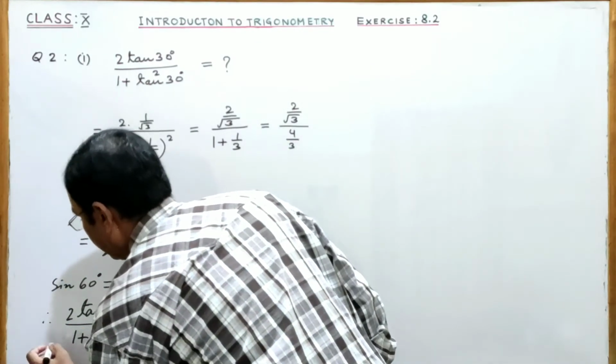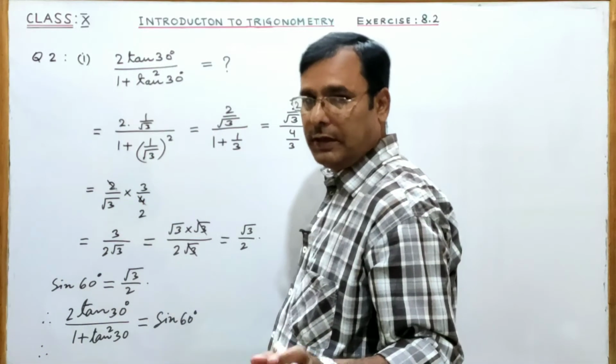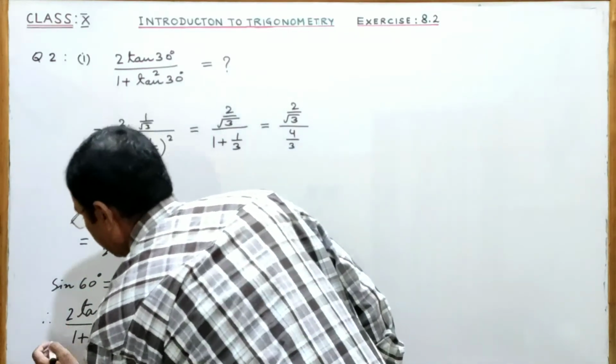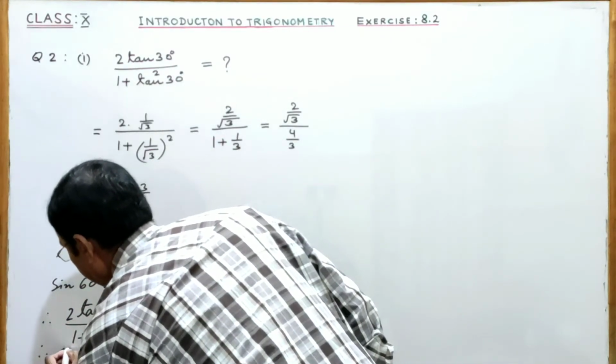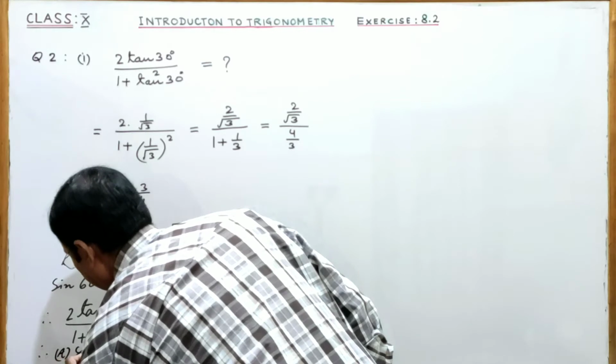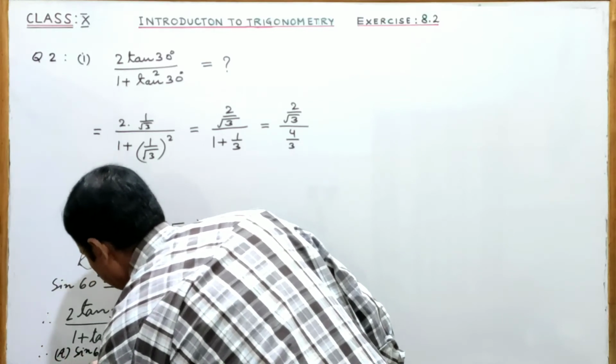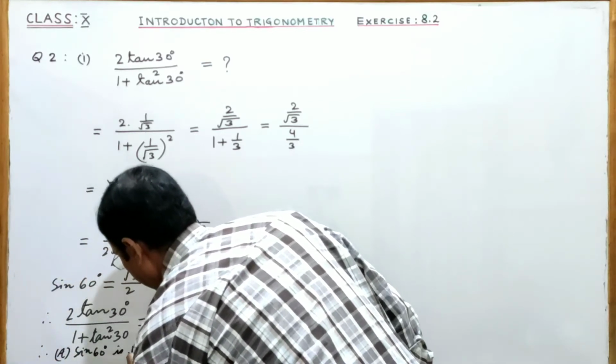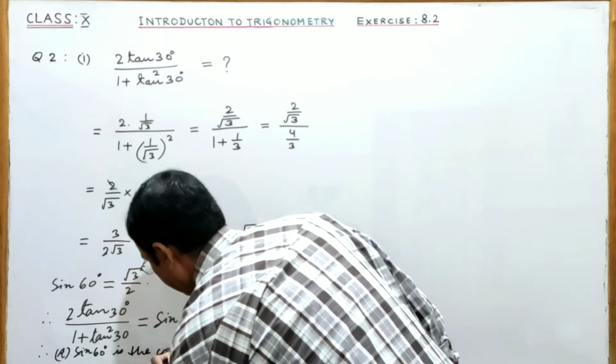Therefore, which option of the 4 given options is the correct option? So option A, sin 60 degrees, is the correct option.